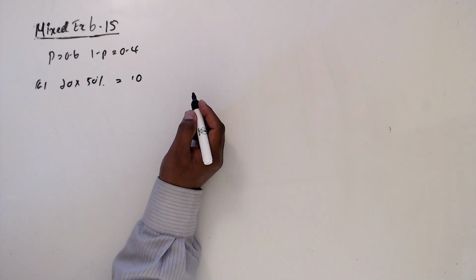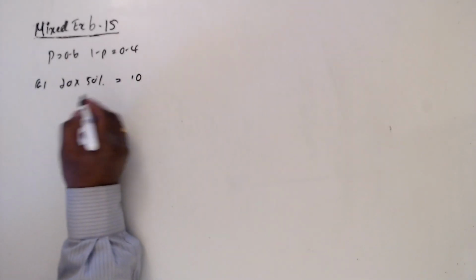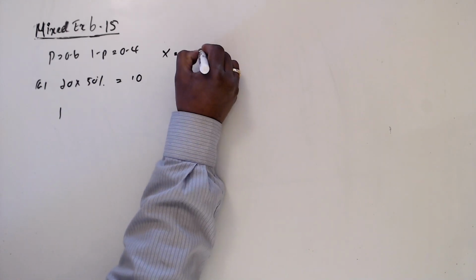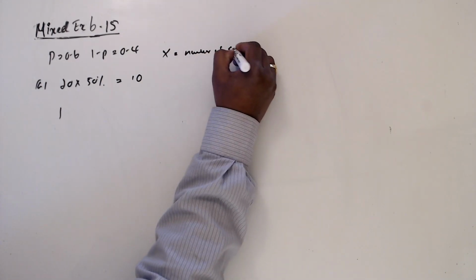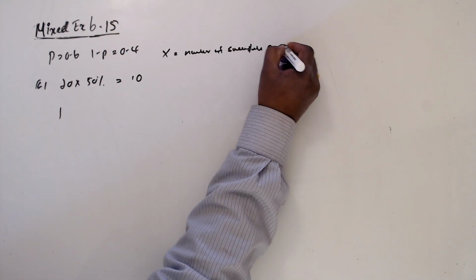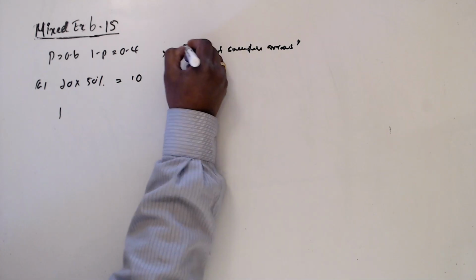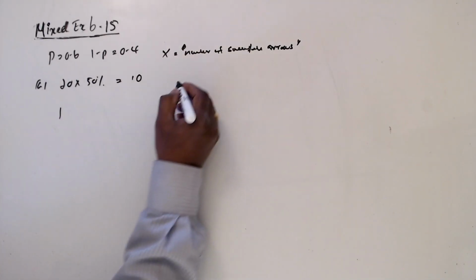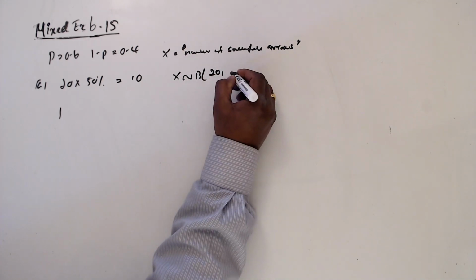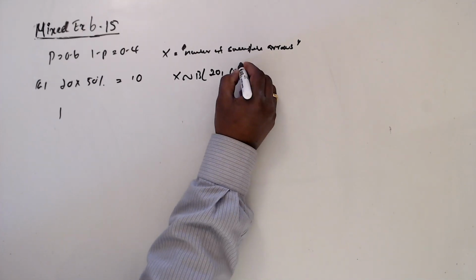So x is the number of successful arrows. Then x follows binomial 20, 0.6.